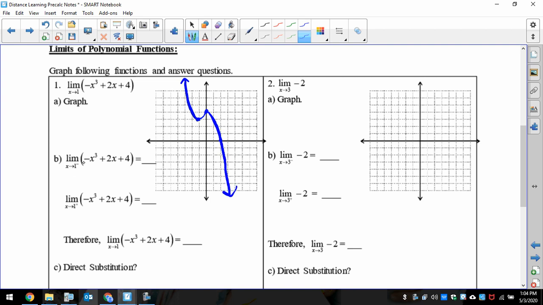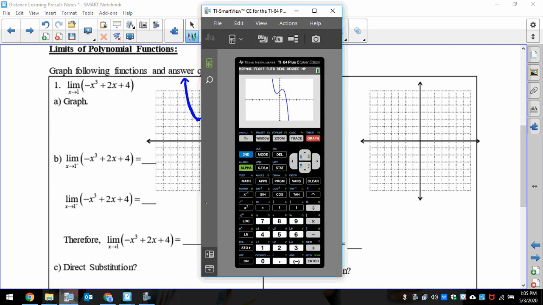Here, they want us to do the limit from the left of 1. If I plug in 1, or you can use your calculator to look at it, for most of these examples we will be trying to do it without graphing on our calculator, but here we can trace and plug in 1 to see what the height is.